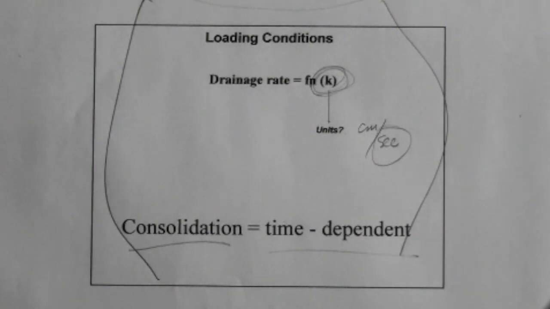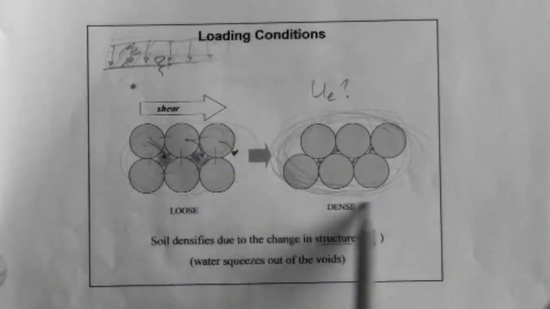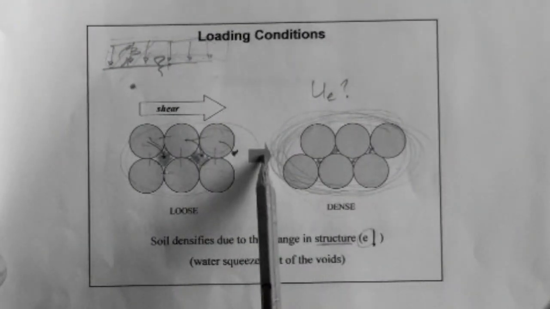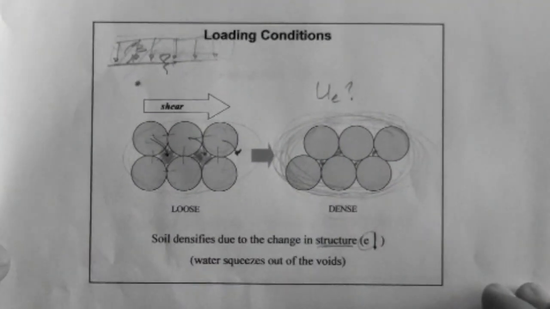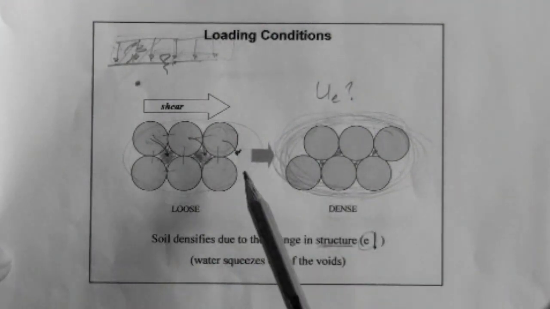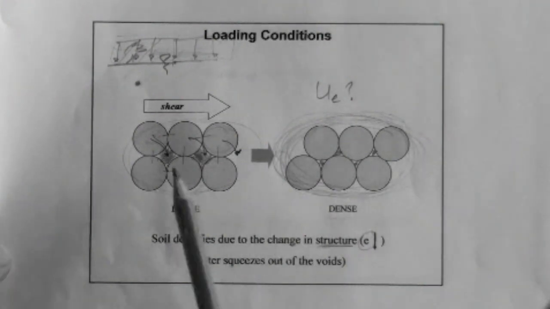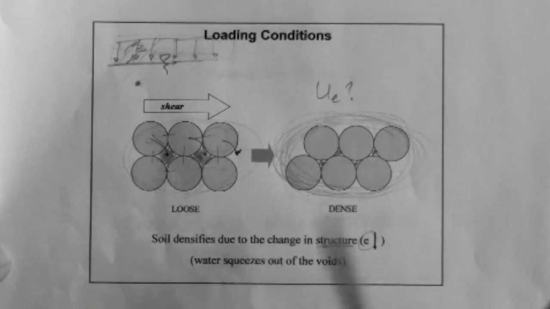The densification of the soil from this configuration to this configuration takes time, provided that, of course, the condition is undrained. If the condition is drained, this takes also time, but it takes seconds. Okay? If the condition is undrained, it may take years for this to happen, because it may take years for the water to be able to squeeze out of the voids.